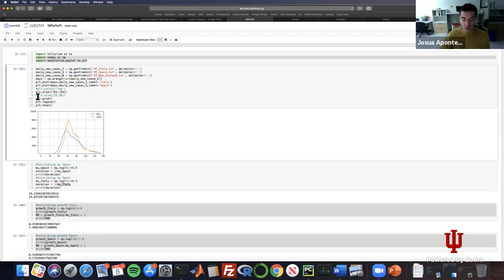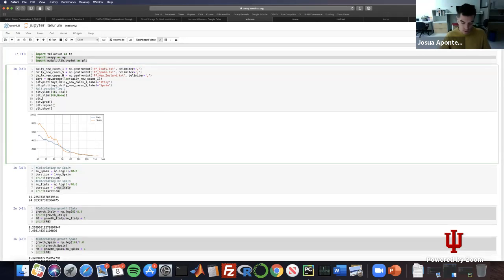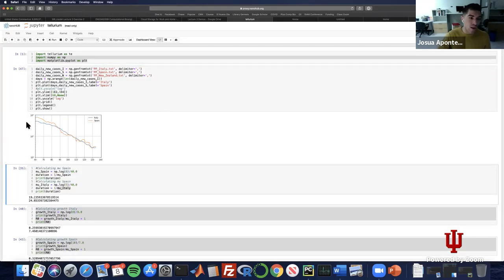So to do that, we first started by looking at the downside of the curve. That's when we looked from 60 to the end, and we plotted them in a log scale. Because that is decaying exponentially, we can estimate the decay rate by determining the slope of these curves. It's a very approximate approximation.